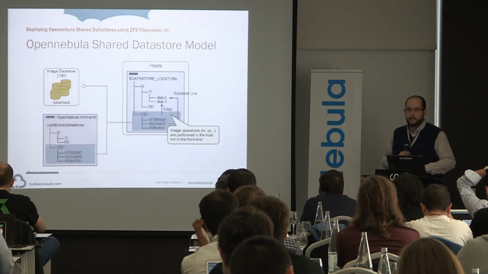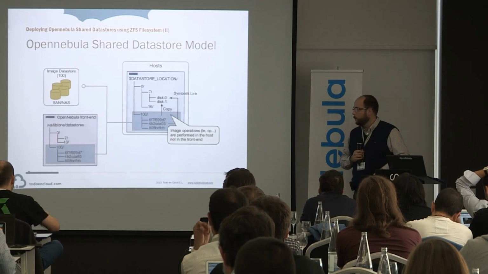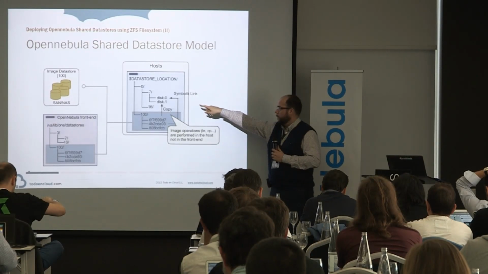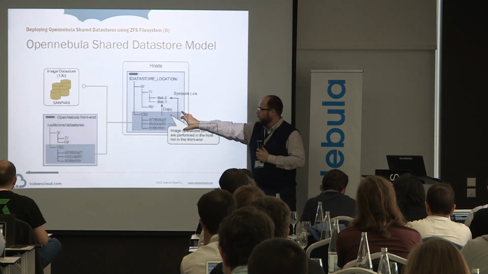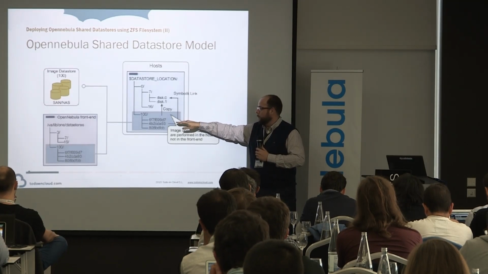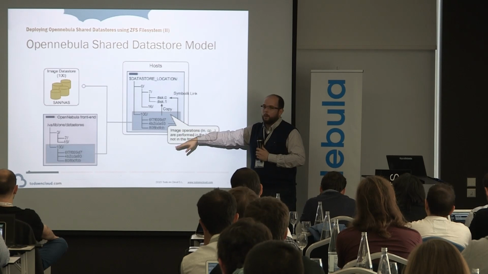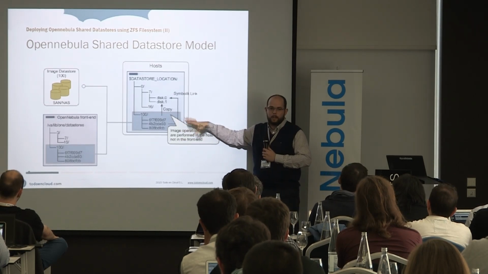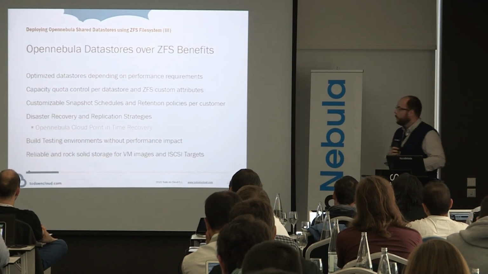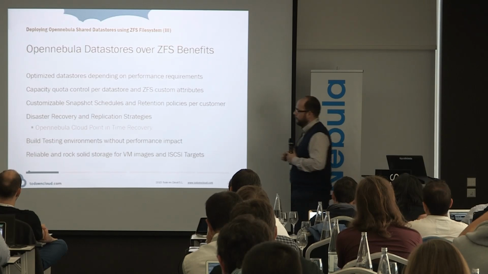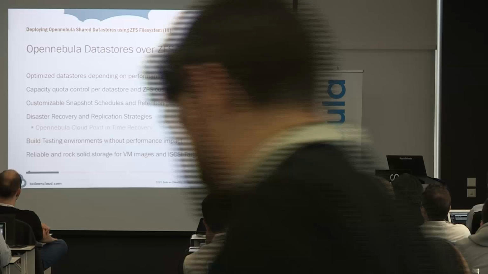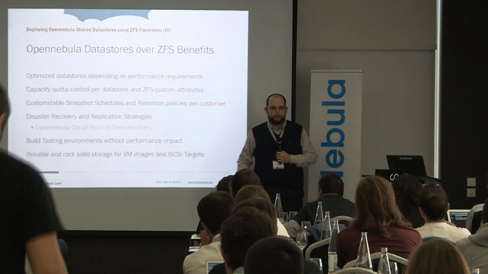As you already know, the data store model of OpenNebula enables a way to expose common repository with links, and this is data store. We use this to store the VMs of a customer. Every data store is a customer for us, so this enables us to offer what we call, as we are Postgres fans too, OpenNebula Cloud Point-in-Time Recovery.